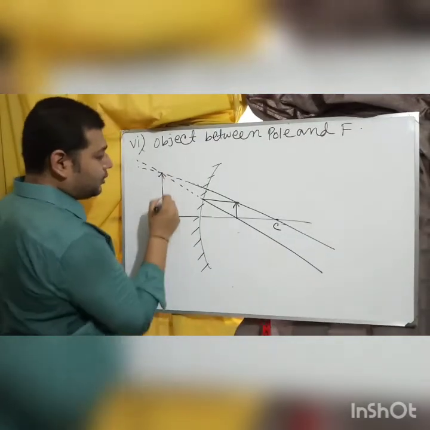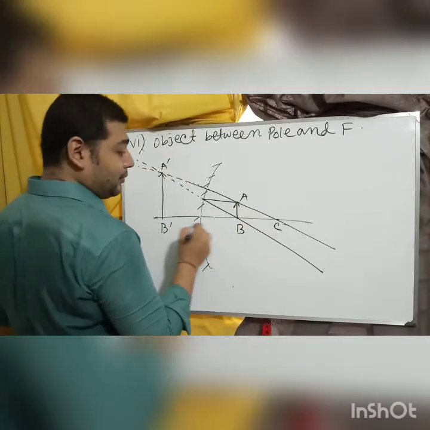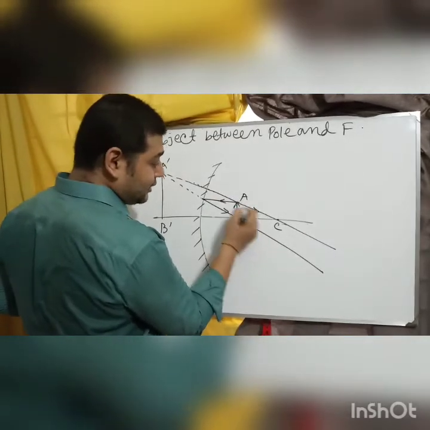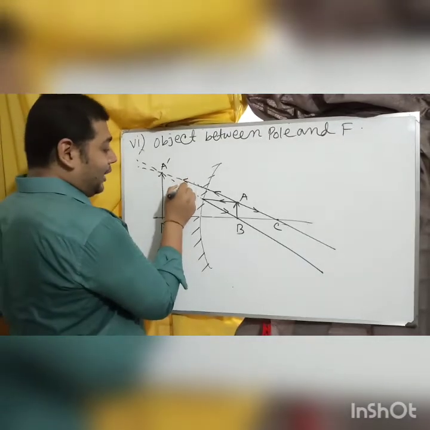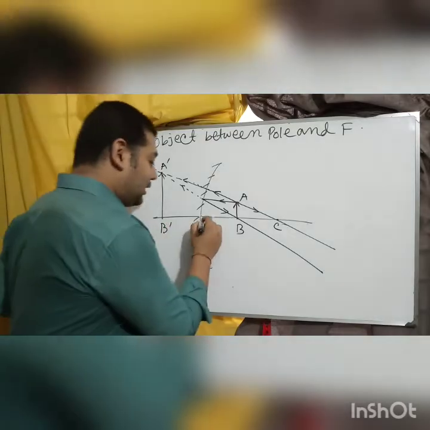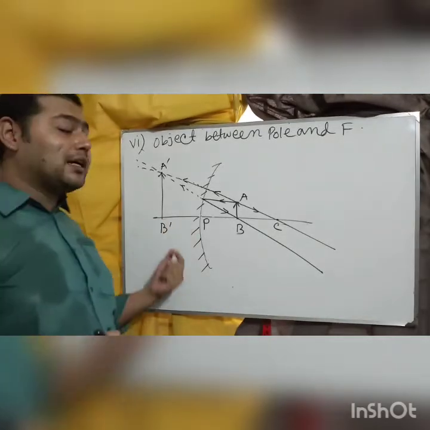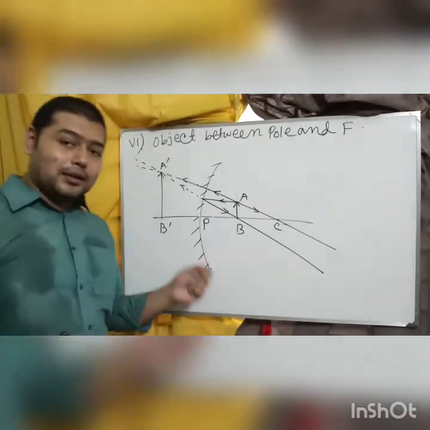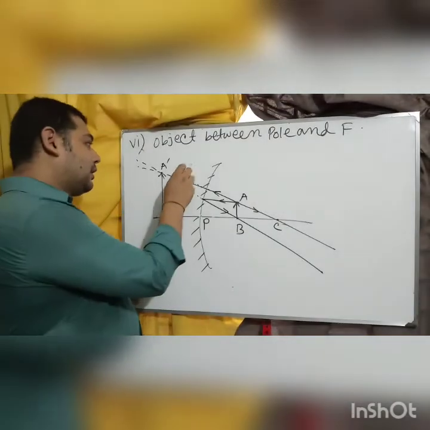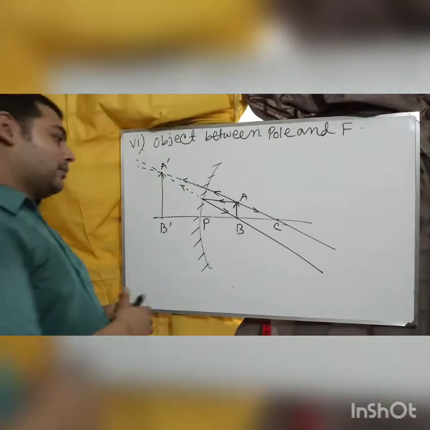Okay, so AB is our object and A prime B prime is our image, and we see that the image is formed behind the mirror, or behind the reflecting part of the mirror. So according to our definition, this image is called a virtual image.